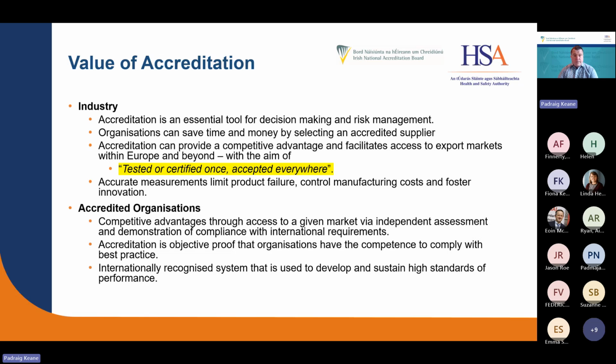It can provide a competitive advantage and facilitate access to export markets within Europe and beyond. The objective of accreditation and the entire network of national accreditation bodies is that a product or a sample can be tested or certified once, and then the result should be accepted everywhere without the need to go through a costly reassessment or reaccreditation process.